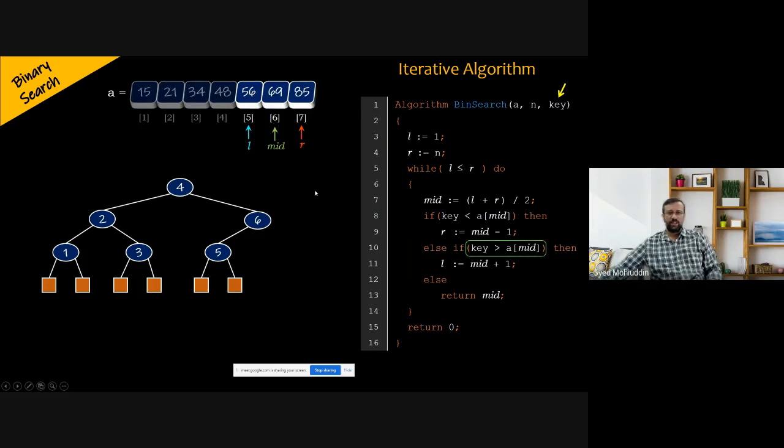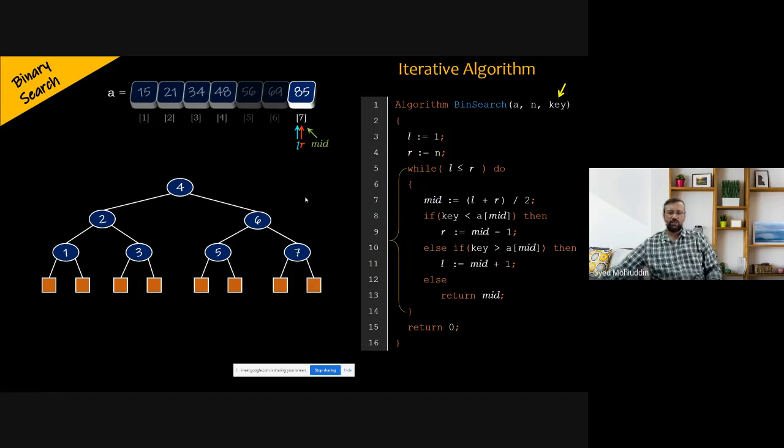And then if the key is greater than the mid, then L moves to mid plus 1. And now the mid index will be computed, which will be 7 itself. So 7 becomes the right child of node 6. And there is nothing to the right and nothing to the left of 7 that needs to be compared.